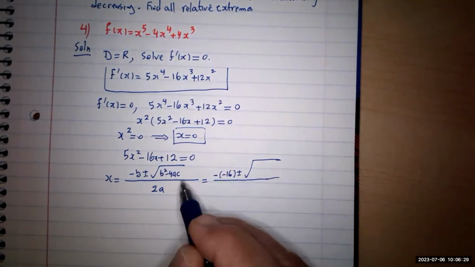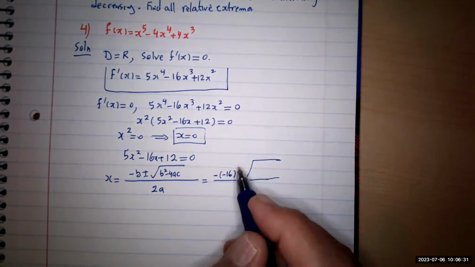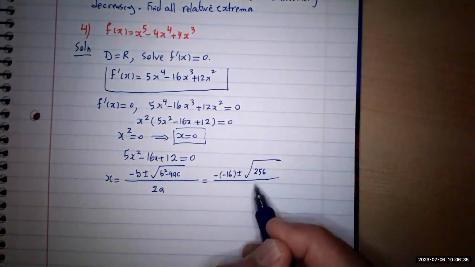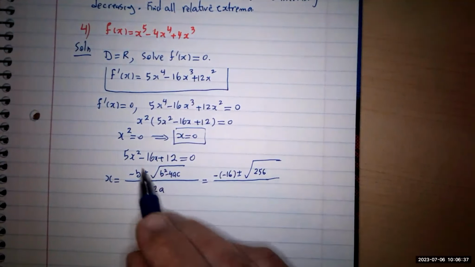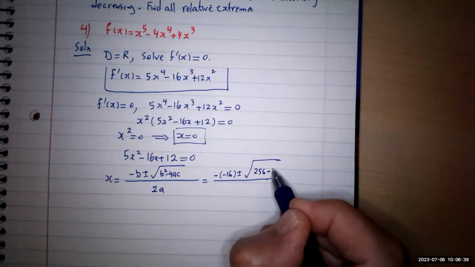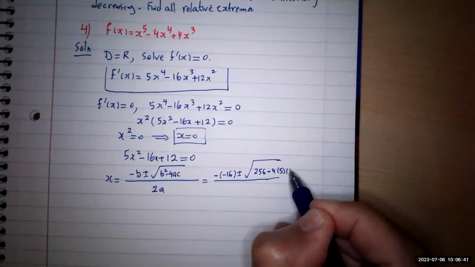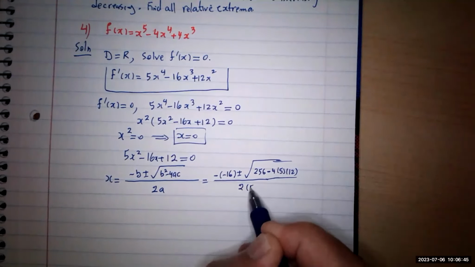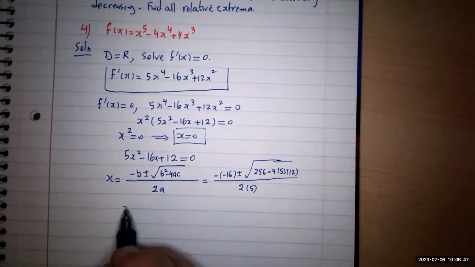Okay, negative and negative 16. This is going to be the case, plus or minus. Okay, so that gives you 16 squared. But 16 squared, I think it's 256. Okay, and this is going to be minus 4ac, minus 4 times 5 times 12, divided by 2a, which is 2 times 5. So we continue on the top.